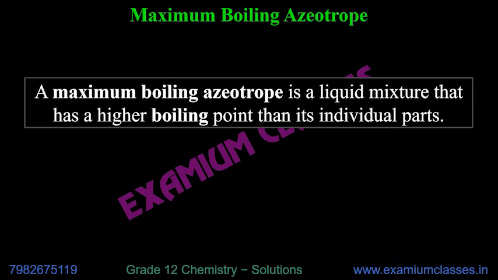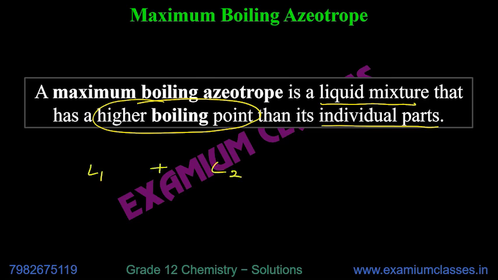A maximum boiling azeotrope is a binary liquid mixture that has higher boiling point than its individual parts. If you have L1 and L2, boiling point 50 degrees Celsius and 60 degrees Celsius, the mixture will have higher boiling point than both L1 and L2, 70 degrees Celsius.